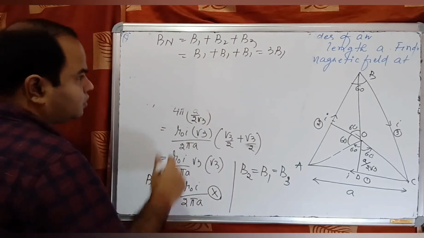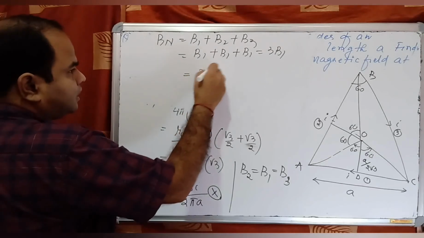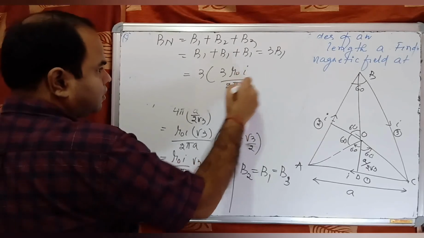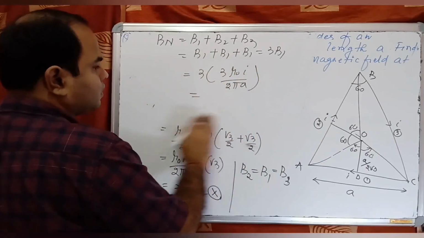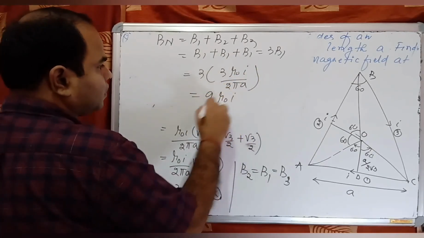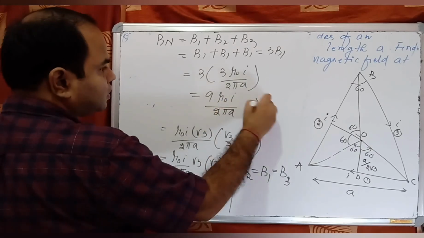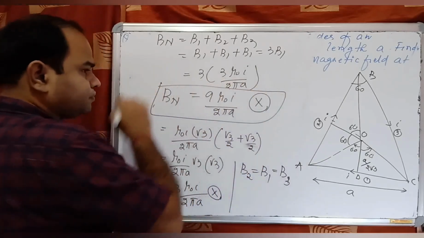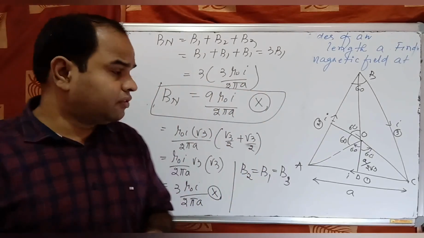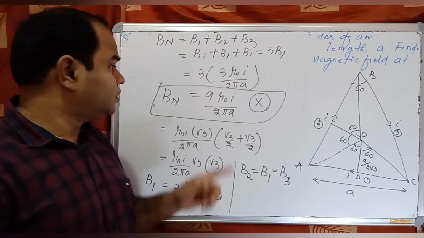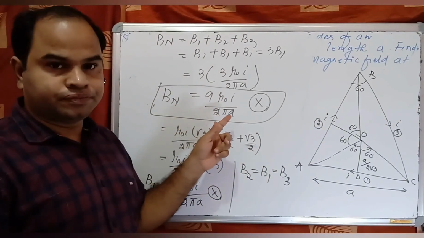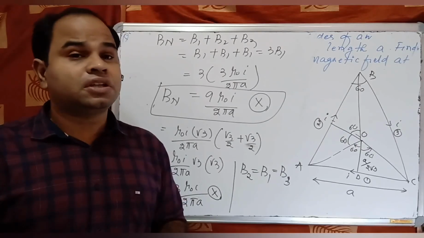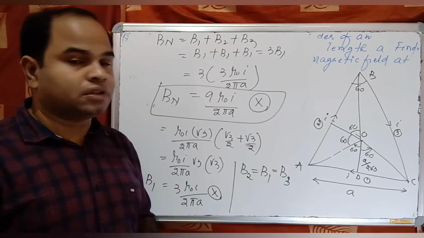B1 is 3 mu naught I by 2 pi A, so three times that is 9 mu naught I by 2 pi A. The direction is inward. The net magnetic field at the center of the equilateral triangle is 9 mu naught I by 2 pi A, and the direction of the resultant magnetic field is inward.